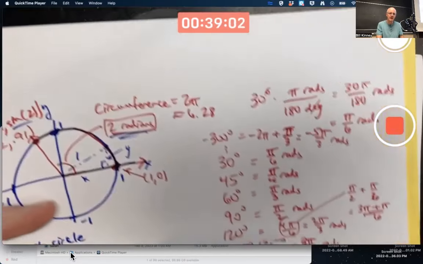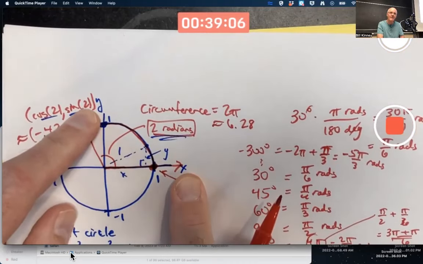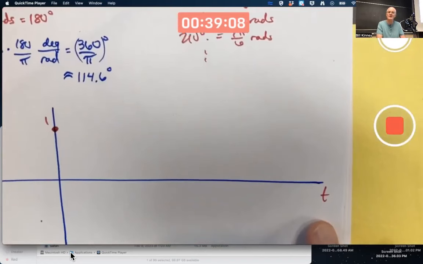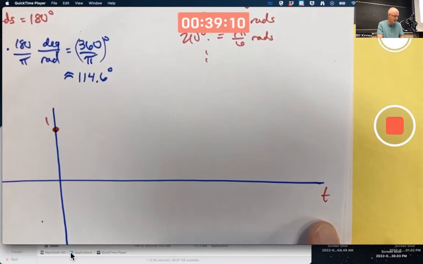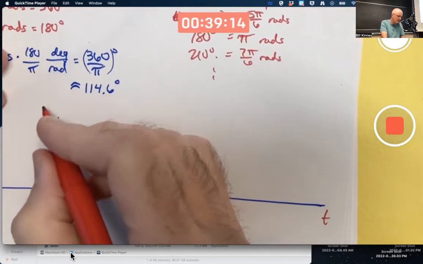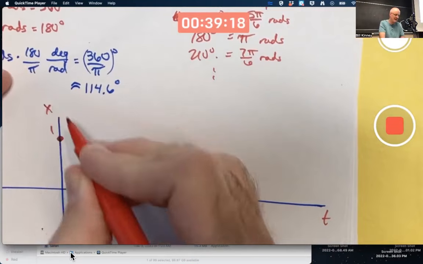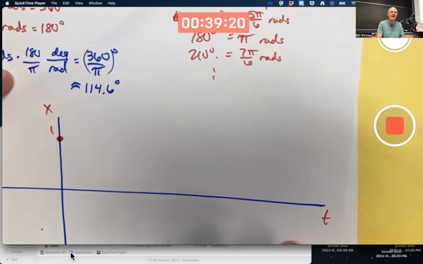In the original picture, I labeled the axes x and y. In this picture, I'm labeling the horizontal axis with a t. What should I label the vertical axis? Probably nothing is what's best. Or, well, okay, maybe since cosine is the first coordinate, I'll do an x in red, and the cosine graph's going to be red.